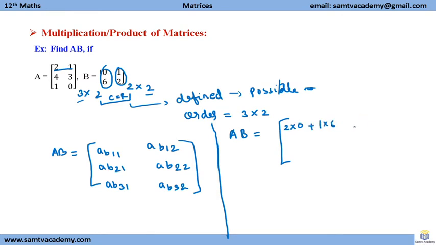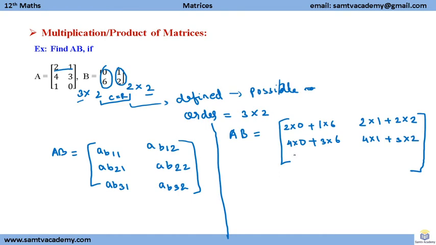Next will be 2 into 1 plus 2 into 2. Similarly, the AB21 element will be 4 into 0 plus 3 into 6. Next, 4 into 1 plus 3 into 2.